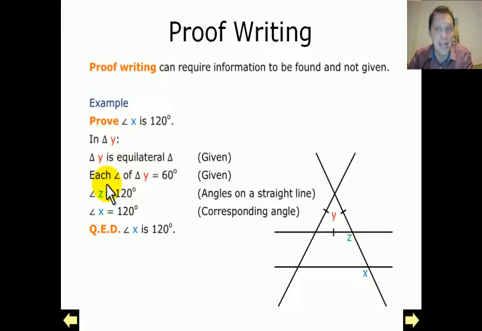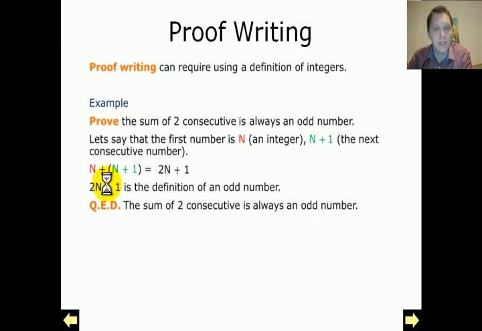Now for a written one, where we could be asked to use some definitions for certain numbers, and use these to actually prove a statement. My example for this is: prove the sum of two consecutive numbers is always an odd number.